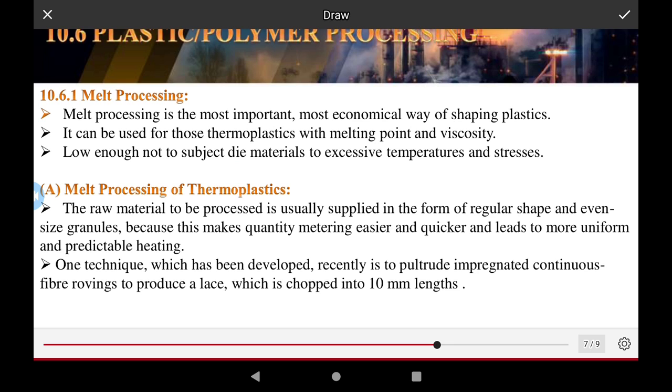Another technique, developed recently, uses continuous fiber rovings impregnated, which are chopped into short lengths for the product.